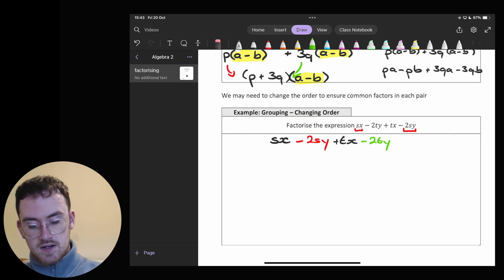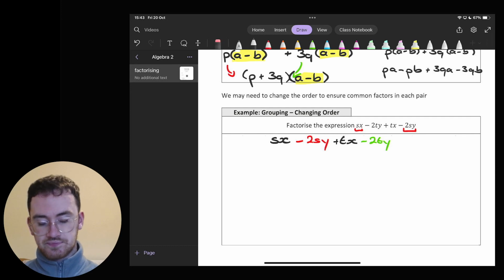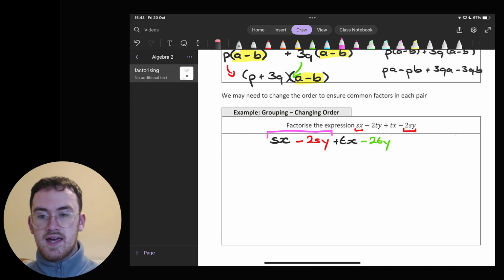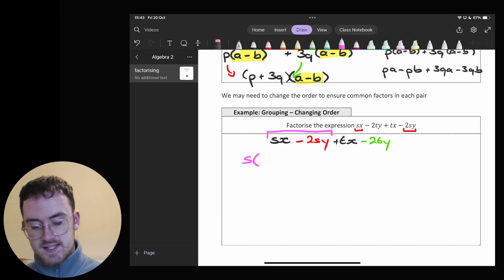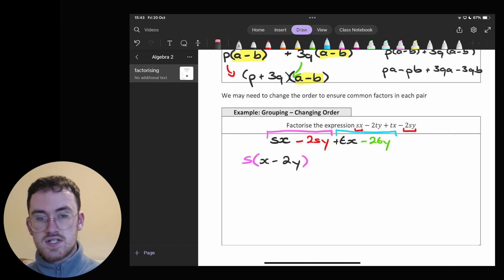So we can see here I've swapped the 2sy and the 2ty with each other. Now that I've done that, I can look at each pair individually as before. So get the highest common factor there for sx and minus 2sy. That's just going to be s. It leaves you with x minus 2y. Doing the same then for the second bracket here, the tx minus 2ty.